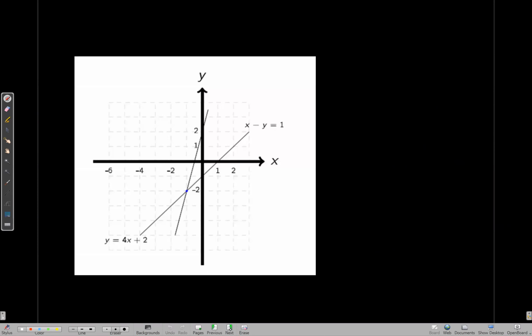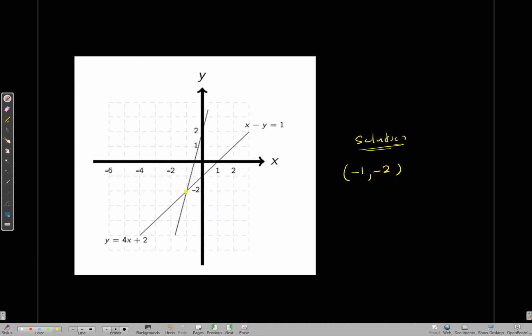Now next, let's say in this case, see x minus 1, that line, and y equals 4x plus 2, those two lines actually meet at this point right here. So the solution is actually negative 1 comma negative 2. This is the solution.